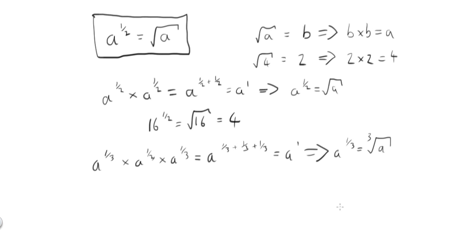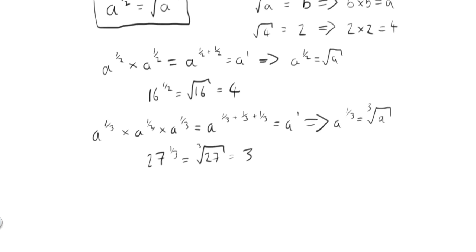The cube root of a is written with the square root sign with the 3 just up here. So for example, 27 to the power a third is equal to the cube root of 27, which is of course 3.